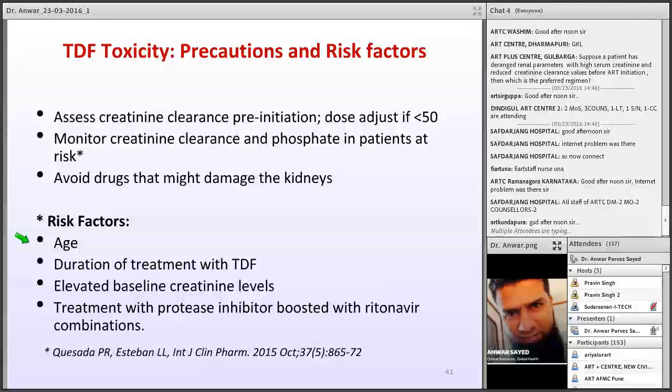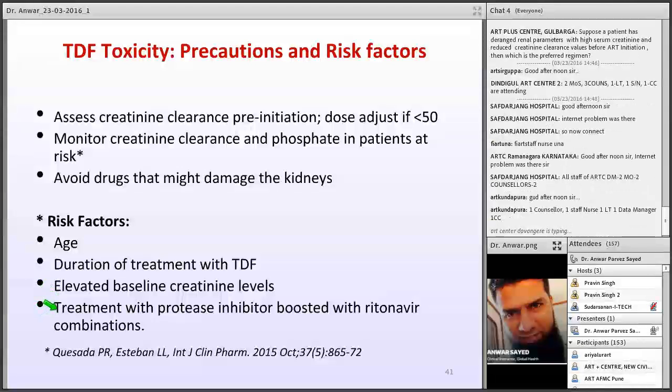There are certain risk factors which have been given by many studies, like older age, longer duration of treatment with tenofovir, elevated baseline creatinine levels, then treatment with protease inhibitor combinations boosted with ritonavir.